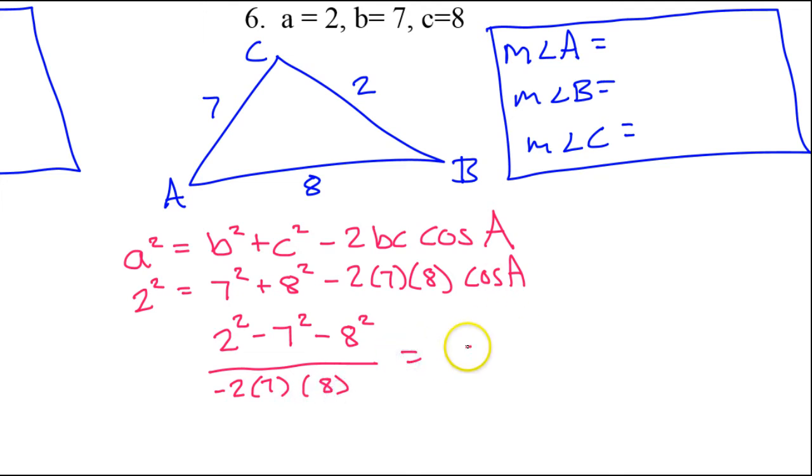So that should leave the cosine of angle A all by itself. But since we really want angle A, not the cosine of A, then what we need to do is to take the inverse cosine of all of this. If I take the inverse cosine of this, then that should give me the actual measure of angle A.